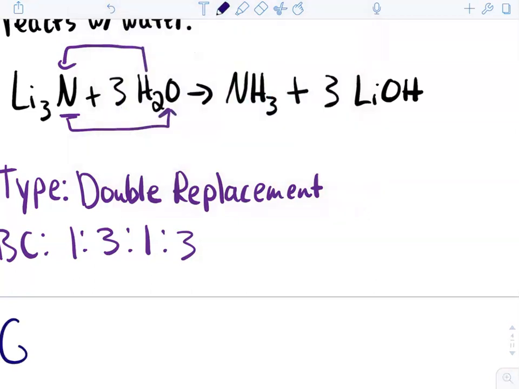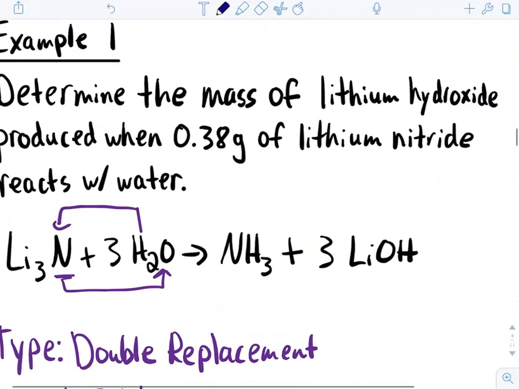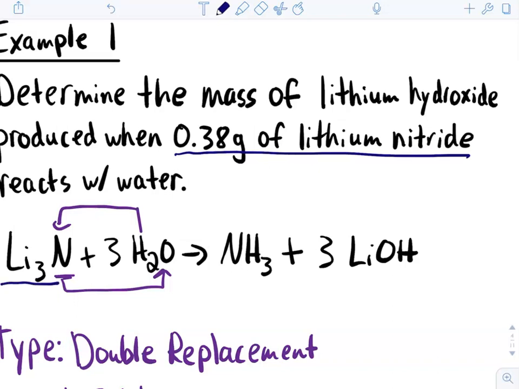So we're going to start out with our G, which is our given. And if I come up here, I'm given 0.38 grams of lithium nitride. Now I have to think back, well, what is lithium nitride? I know I'm going to have Li and I'm going to have N. So it would be this. Or if you're like, I can't remember that, it tells you it reacts with water. So that means it has to be the other reactant.